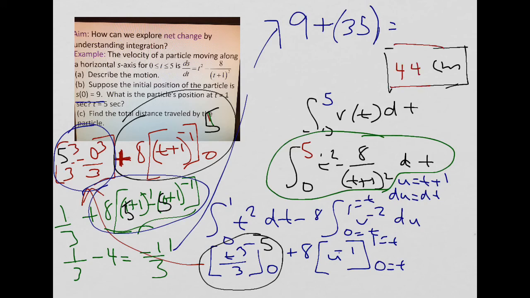Okay, so once you get your displacement through our integration and all those parts, add it to your initial position, and you get your answer for where the particle's position is at a different time, whether it be t equals 1, or in this case, when t is equal to 5 seconds.